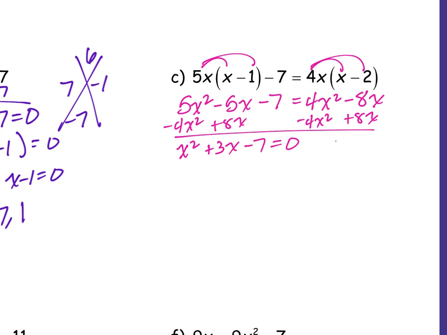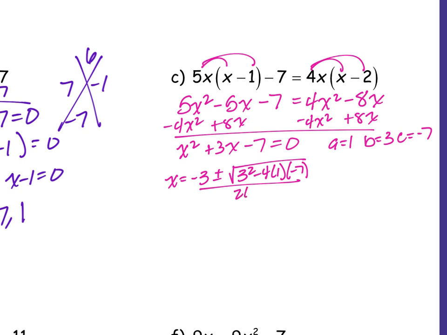So quadratic formula, A equals 1, B equals 3, and C equals -7. So x is going to equal minus 3 plus or minus the square root of 3 squared minus 4 times 1 times -7, all divided by 2 times 1.